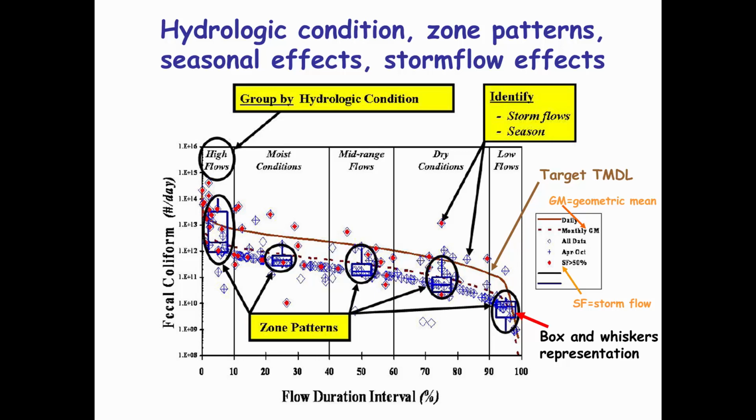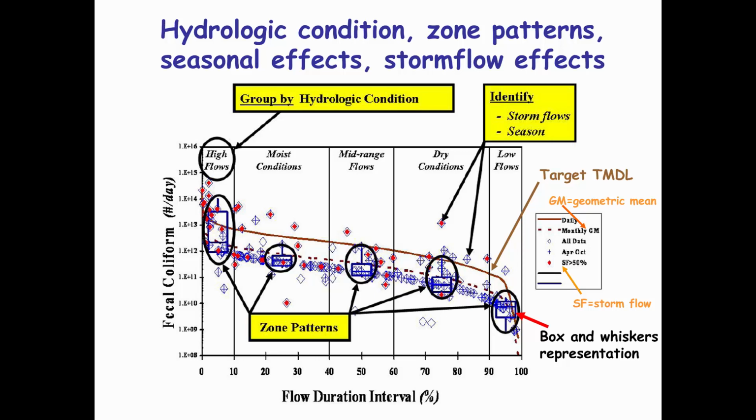Now different data points are distinguished from each other based on time of year, and based on the type of storm, or based on the contribution of storm flow to the stream or to the water body at the time when the sample is taken. So the diamonds with a plus inside are ones where the sample was taken in the period from April through October.